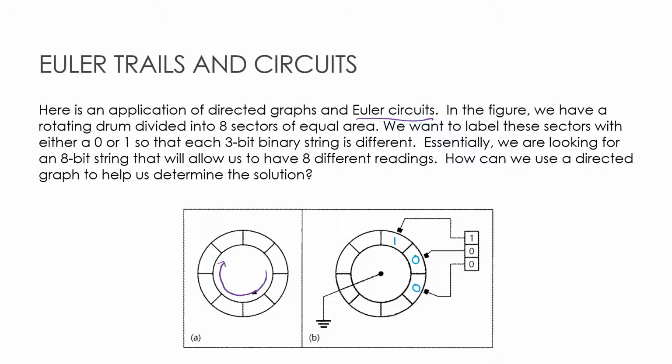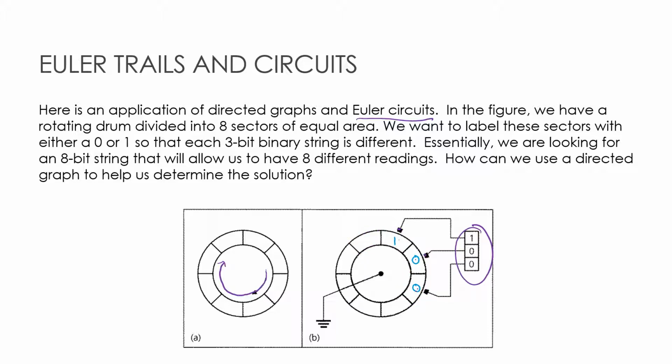And I've got 3 connectors, and it's going to give me a readout based on the values that I put into my figure. So this particular one would be 1, 0, 0. That's the output. If I then rotate the drum, let's say I put a 0 here, and I rotated it 1, then instead of 1, 0, 0, I would have 0, 1, 0.